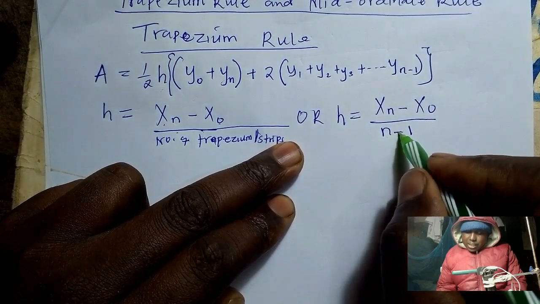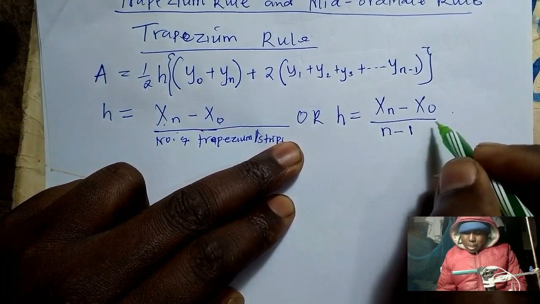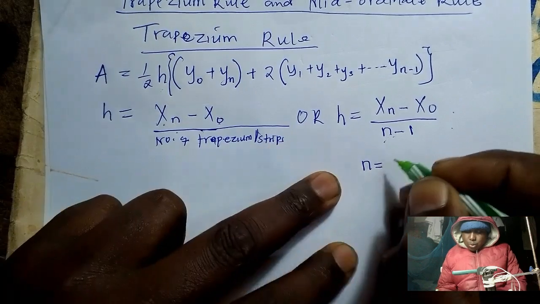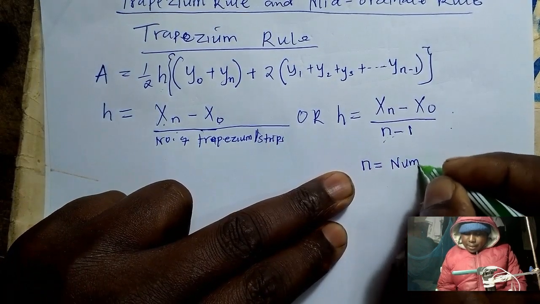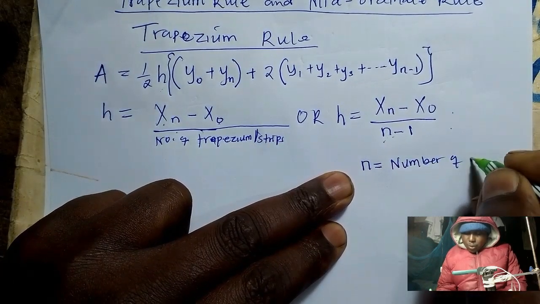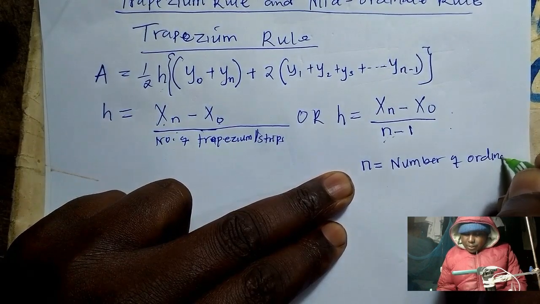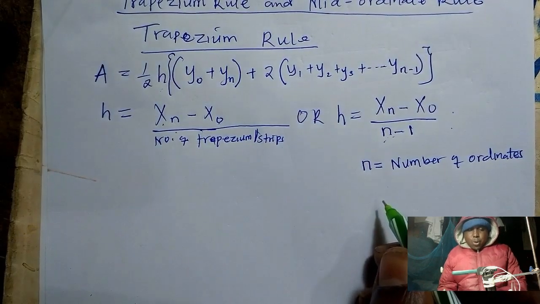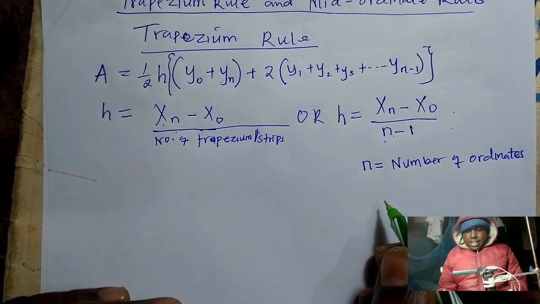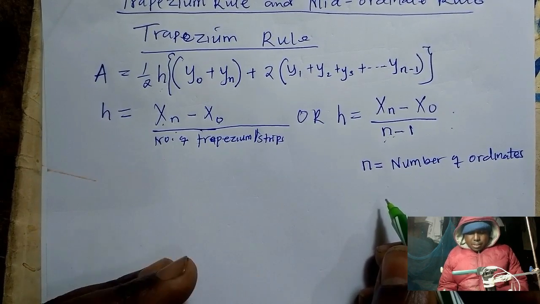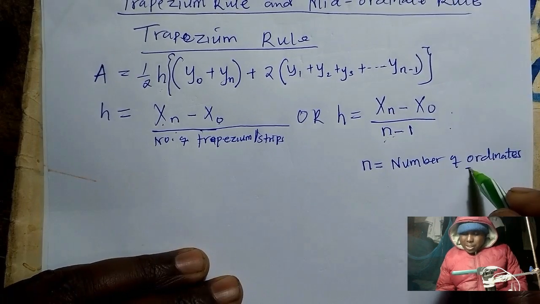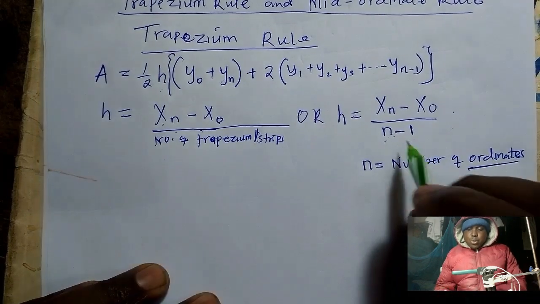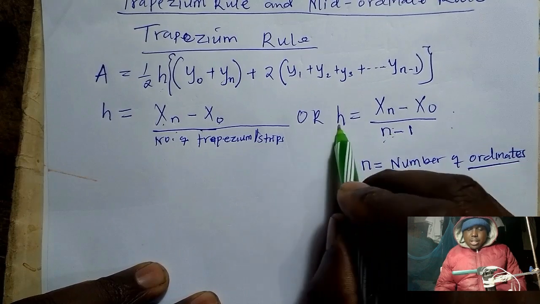Whenever we are using this formula with n minus 1, what is n? n is equal to the number of ordinates. When you are given, use 5 ordinates, use 5 ordinates to estimate, whenever you see the word ordinates, 5 ordinates, 6 ordinates, then you should be able to use this formula to get the value of h.